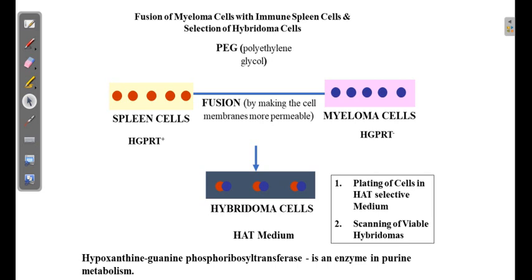When these two cells are fused, whether the fusion has been complete or not is checked by growing the cells in a specialized media known as HAT media. So how this HAT media works is basically the theme of this extended session.